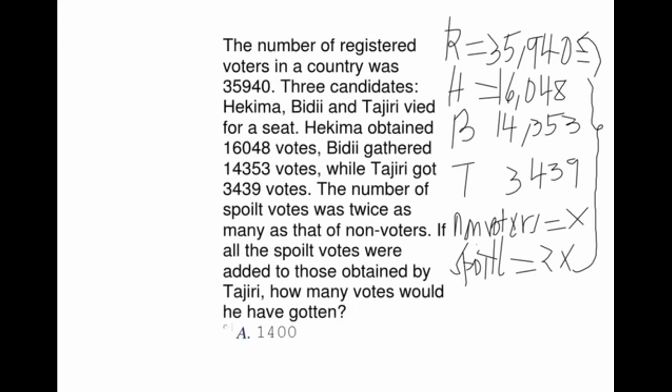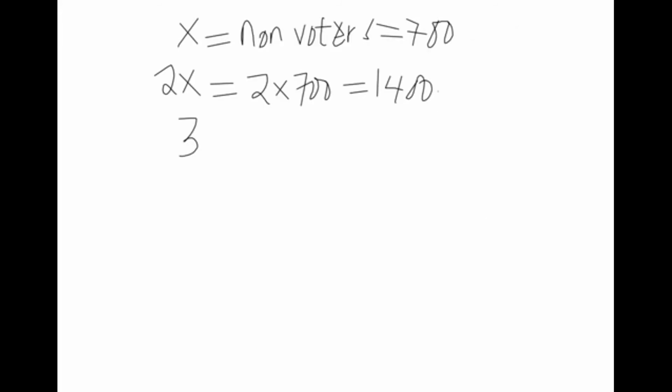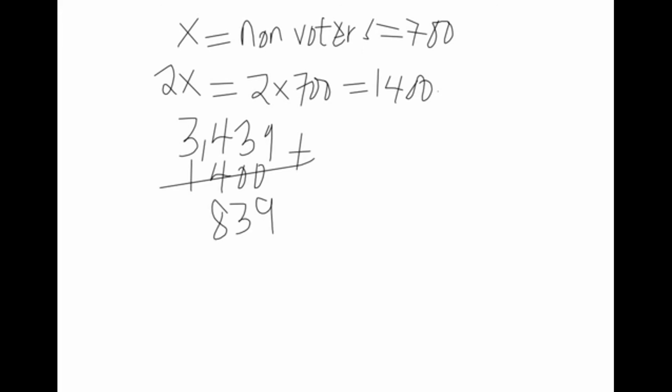So the question is, how many votes would Tajiri have if the spoiled votes were added to those he gathered? So we have 3,439 plus 1,400. 9 plus 0 is 9, 3 plus 0 is 3, 4 plus 4 is 8, 3 plus 1 is 4. So we have 4,839.